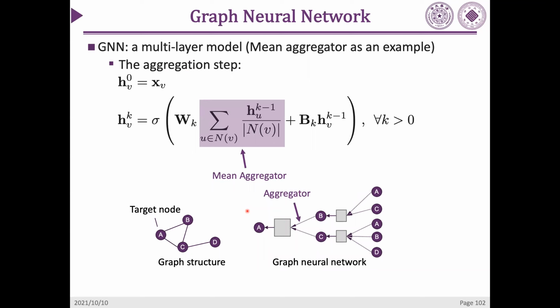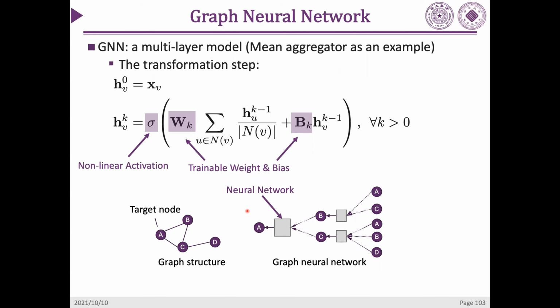In each layer, the model first performs the aggregation step, and the neighbors' embeddings will be aggregated together to generate a vector for the next step. Then the model performs the transformation step. The output of the aggregation will be sent to a trainable fully connected neural network.